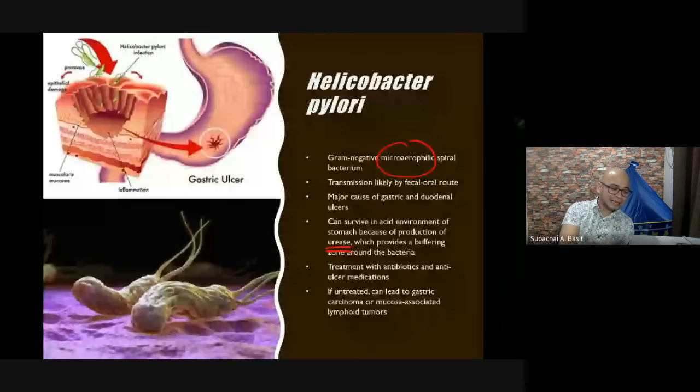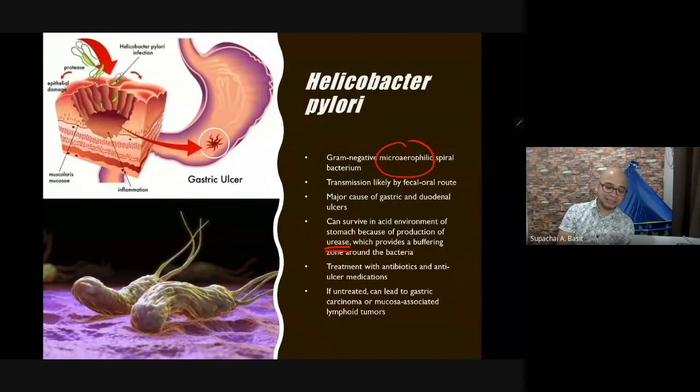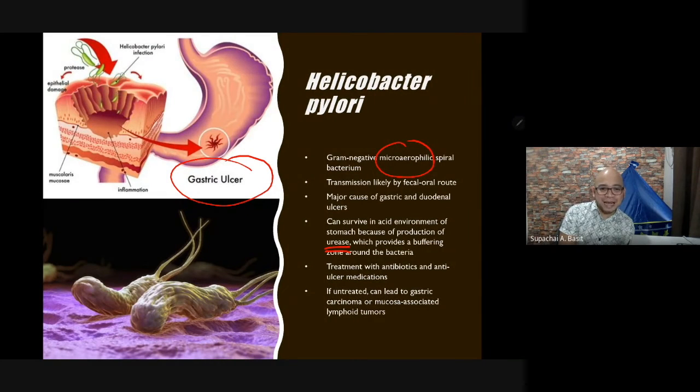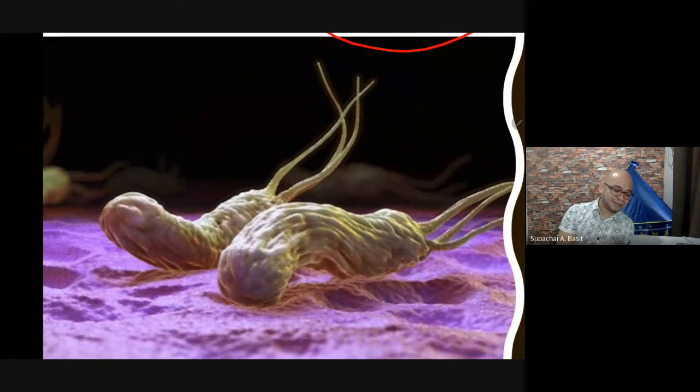So, Helicobacter pylori is the etiologic agent of stomach ulcer. If a person has Helicobacter pylori, it is usually treated with antibiotics and anti-ulcer medication. If untreated, it can lead to gastric carcinoma and mucosa-associated lymphoid tumor. Under the electron micrograph, this is how Helicobacter pylori is depicted.